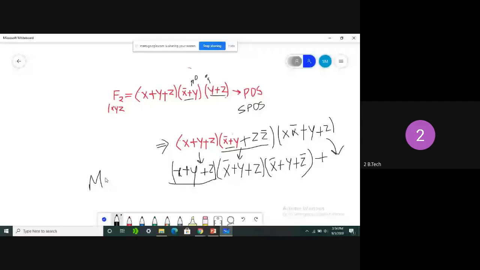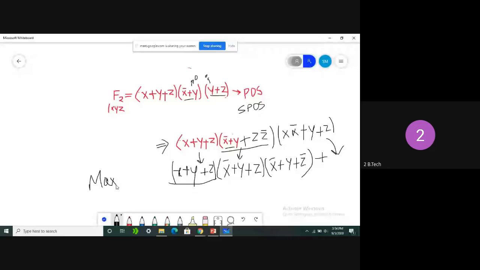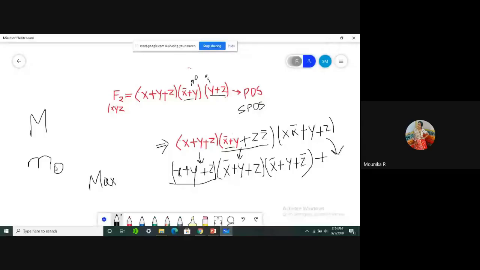This is represented with max term. Min term is represented with capital letter M. Max term, this is the reverse notation, so you should observe clearly. Sorry, max term is represented with lowercase letter m.